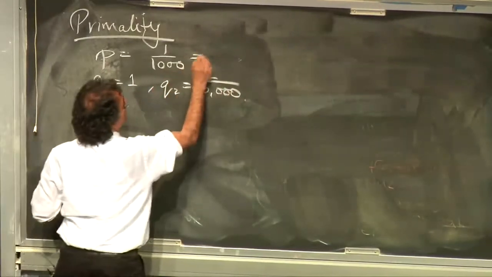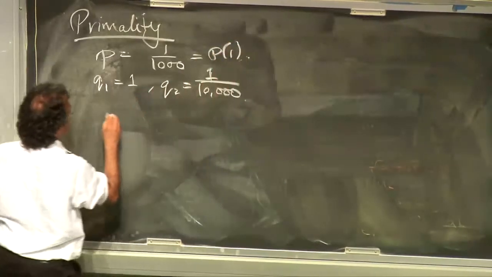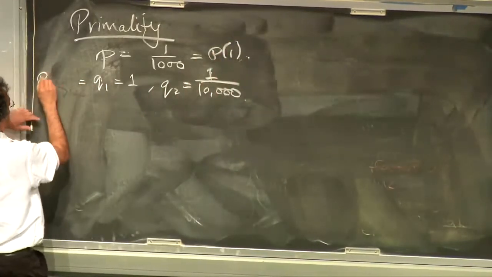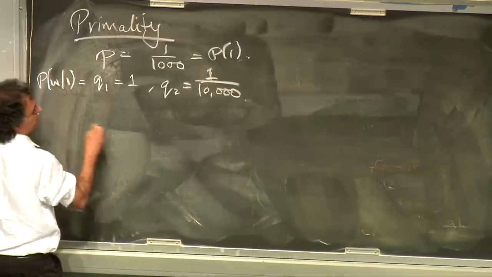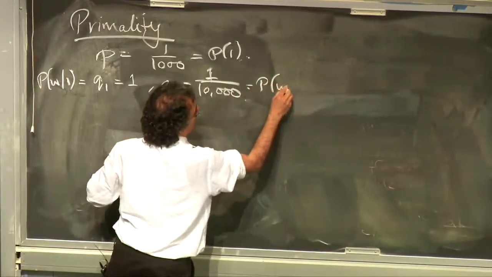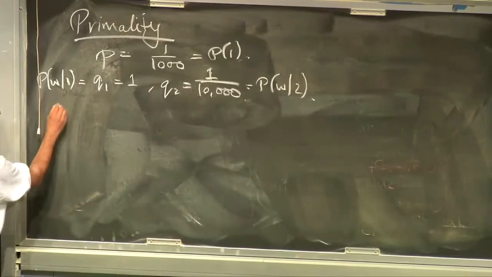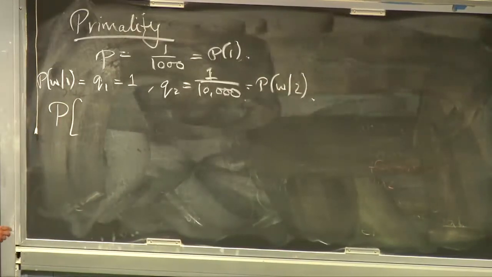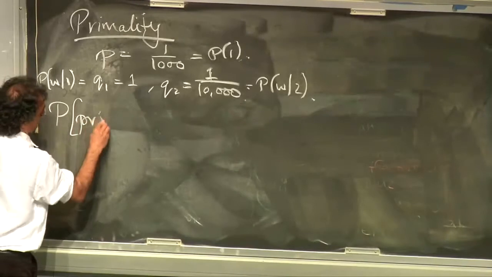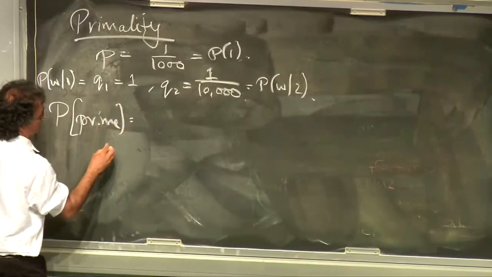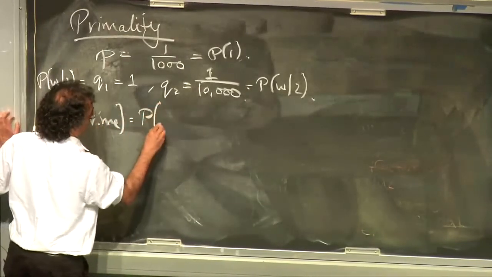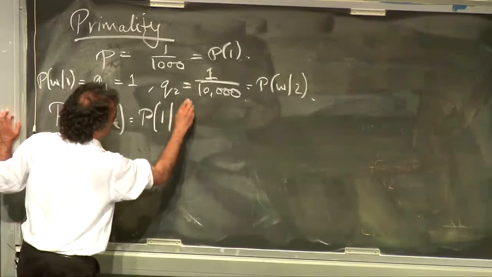Okay, this was probability of 1. This was probability of white given 1. This was probability of white given 2. And now we want to know what's the probability of prime, which is probability of 1 given white.